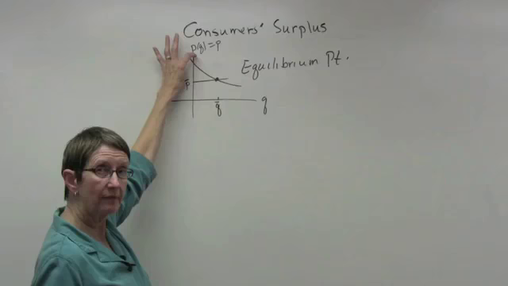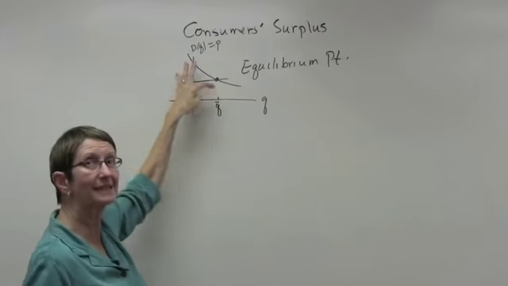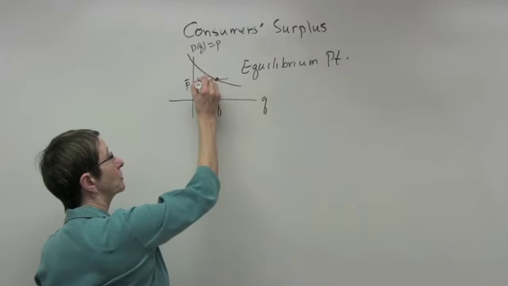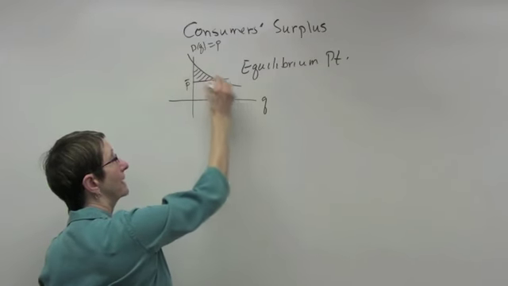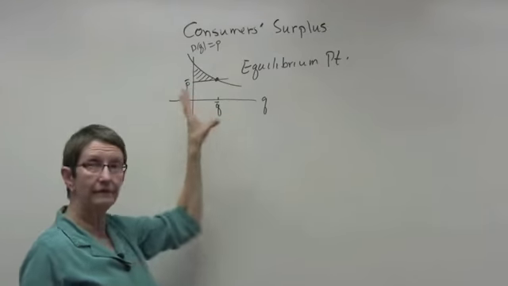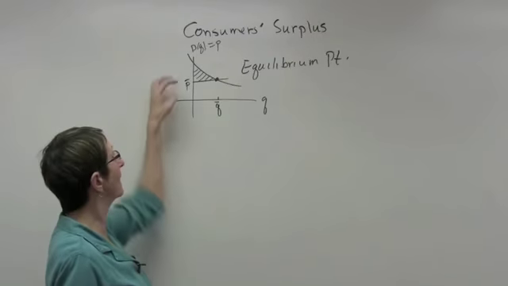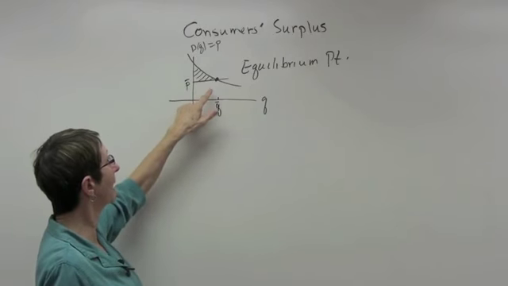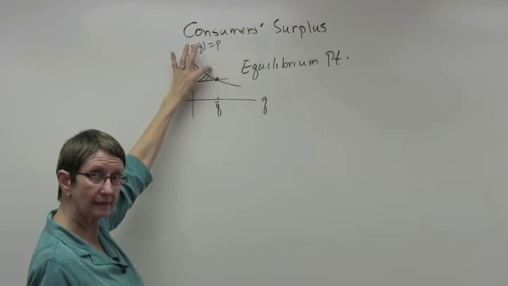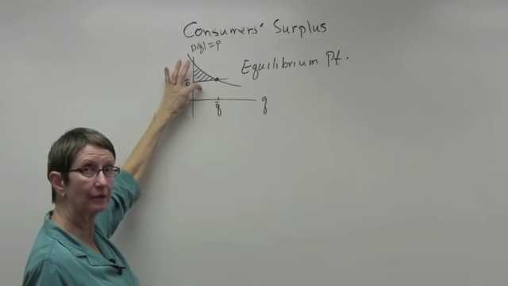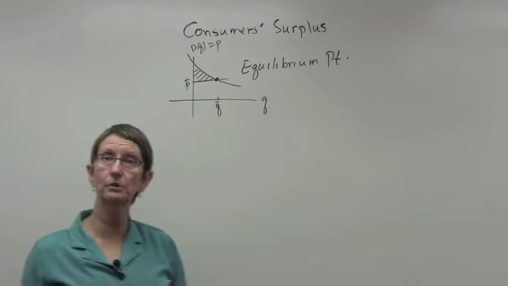If we just look at the demand equation compared to this equilibrium price, the area between these two curves, the demand curve and the price line, gives us consumer surplus. That's the amount that consumers will save because some people are willing to buy at a higher price, but the price the market is running at is down here. So that's the surplus, the savings to consumers.